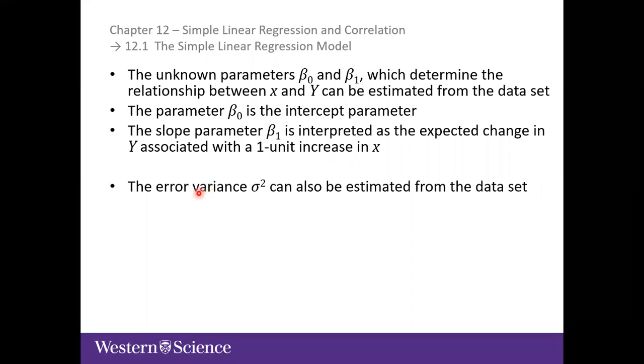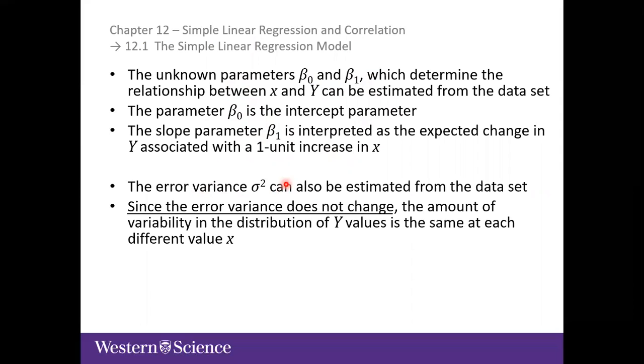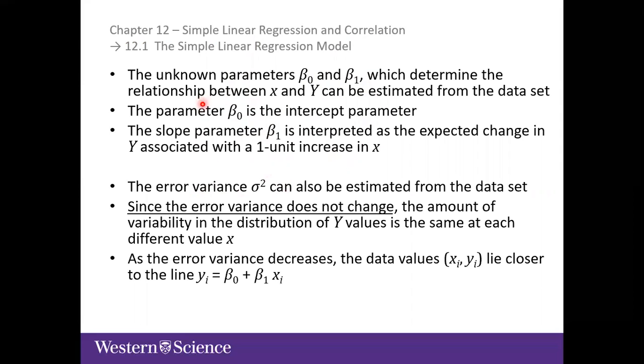And then the error variance, sigma square, can be estimated from the data set. We assume that the error variance does not change, so the probability distribution of the errors is constant along the regression line, as we saw in the previous graphs.